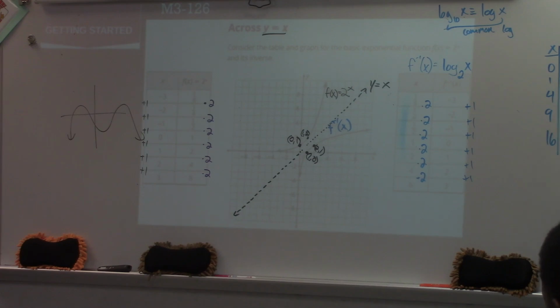So this is an inverse function, but remember, just in general, I need to look at both the inputs and the outputs. Even if I didn't put inverse of f of x, look at the other side. It's not quadratic. It's a square root function. What's the square root of 0? Square root of 1.